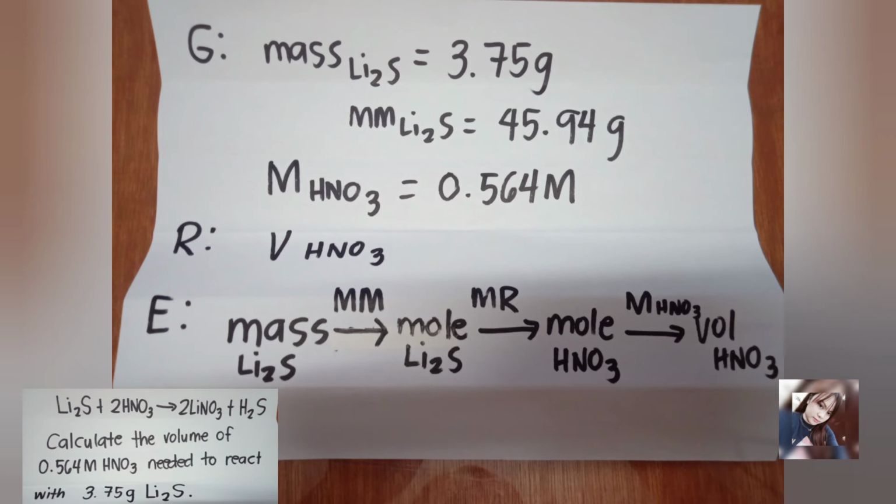With that, the equation to be used will be mass of lithium sulfide will be converted to its mole using the molar mass, and that mole of lithium sulfide will be converted to nitric acid using the mole ratio. The mole of nitric acid will be converted to the volume of nitric acid using its molarity.